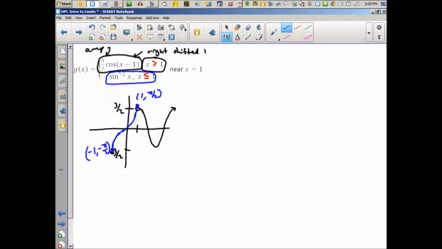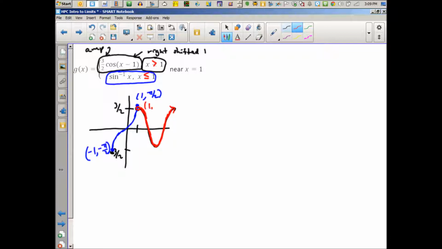Alright? Okay, so how well do these two pieces fit together at x equals 1? And I'm going to color my cosine wave red at this time. So how well do the blue and the red fit together? Well, the truth is they don't fit.